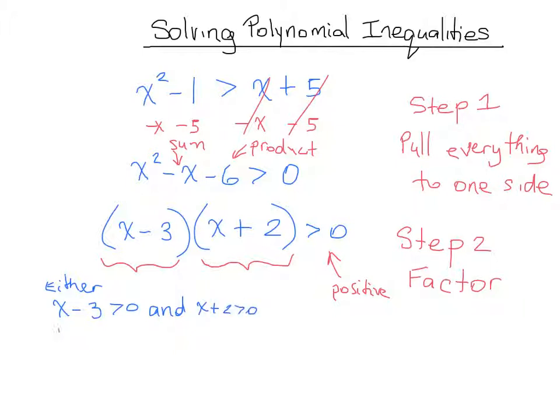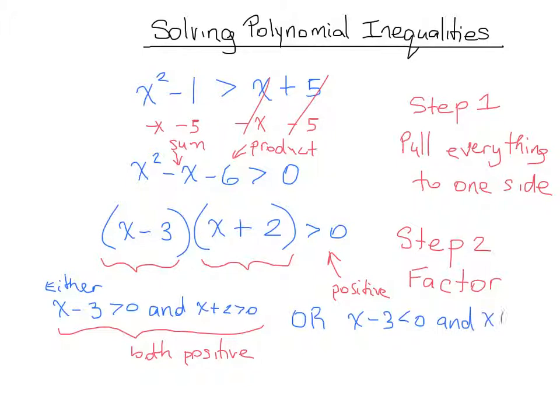So that's just like saying either they're both greater than 0, which means positive, or, this is a big fat or right here, or they're both negative. So how would we write that? x minus 3 is less than 0 and x plus 2 is also less than 0. So it's either they're both positive or they're both negative.